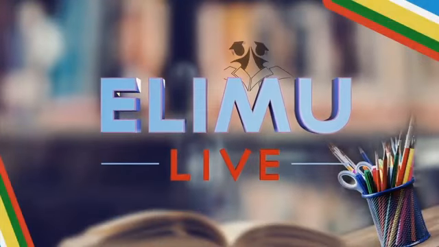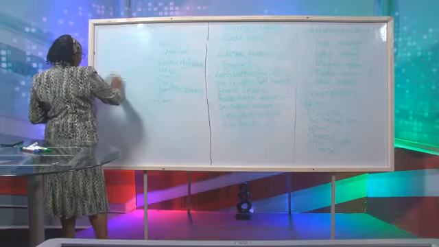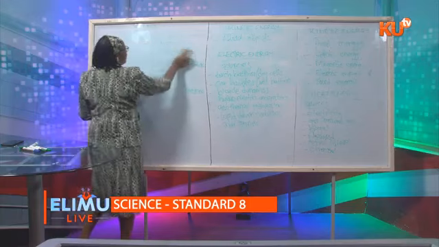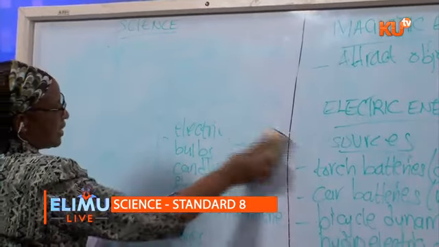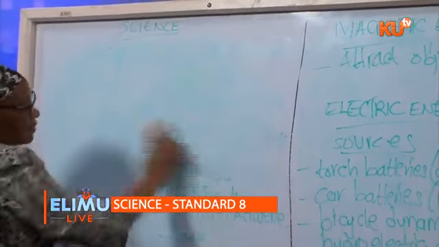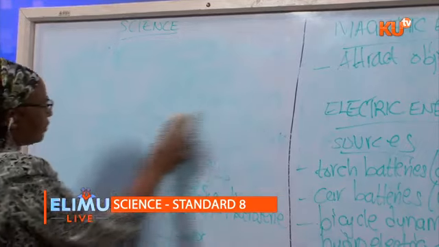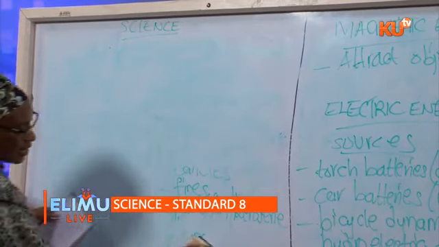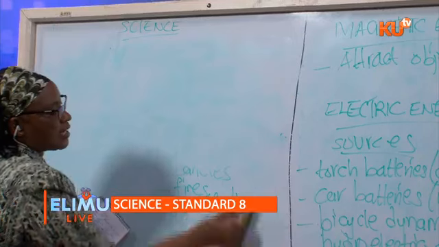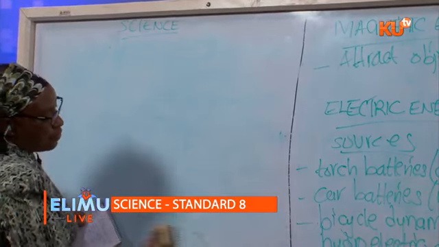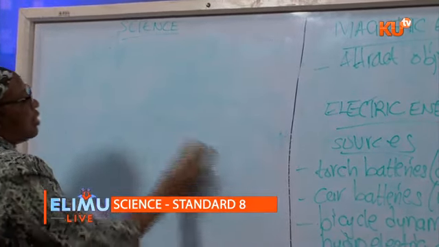Now, sound energy is a topic learned in class 4, and it is a form of kinetic energy. It is a form of kinetic energy because energy can be transmitted through solid materials.